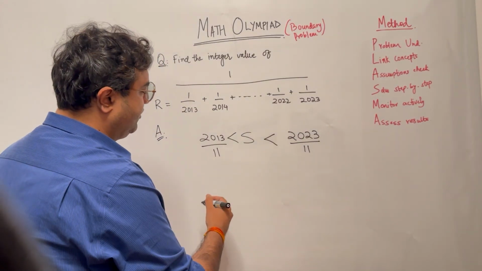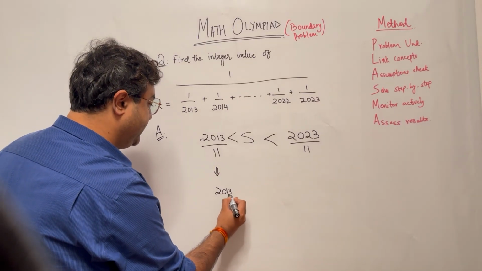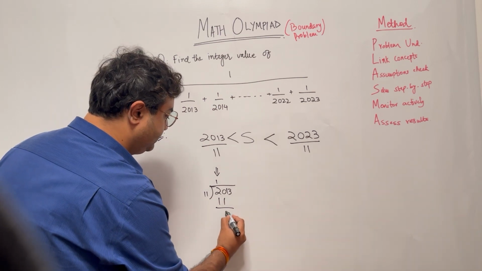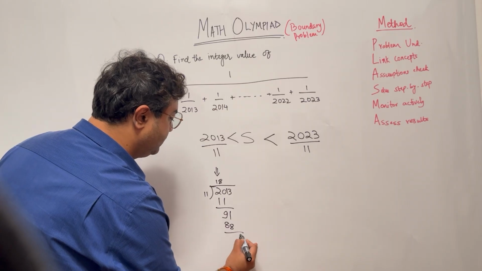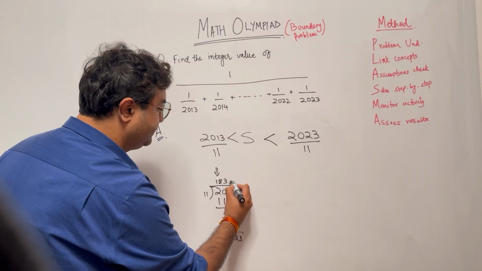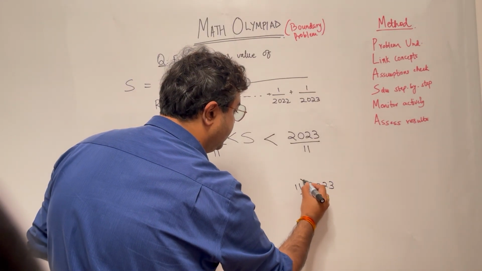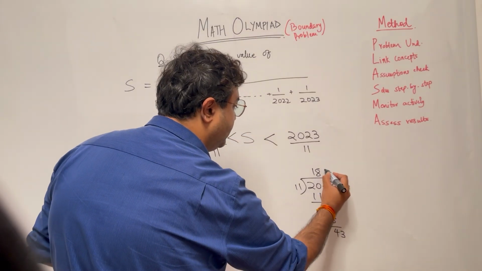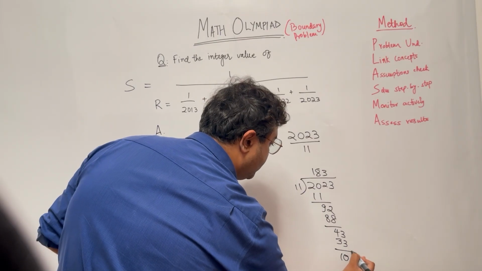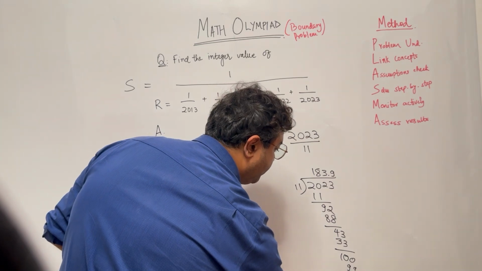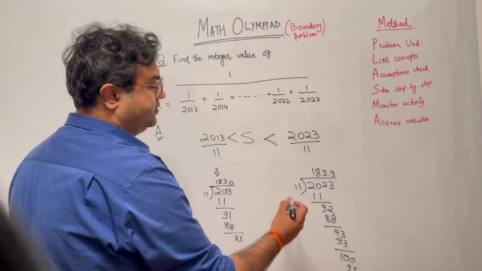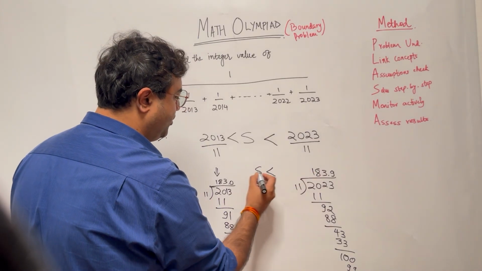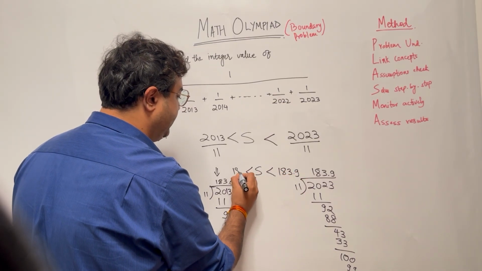Now let's calculate what these actually are. 2013 divided by 11: 1 times 11, then 9 times 11 is 99, then 3 times 11 is 33, so this divides evenly, giving 183. Now 2023 by 11: 1 times 11, then 9 times 11 is 99, 3 times 11 is 33, and the remainder is 10, so it is about 183.9. So S is less than 183.9 and greater than 183.